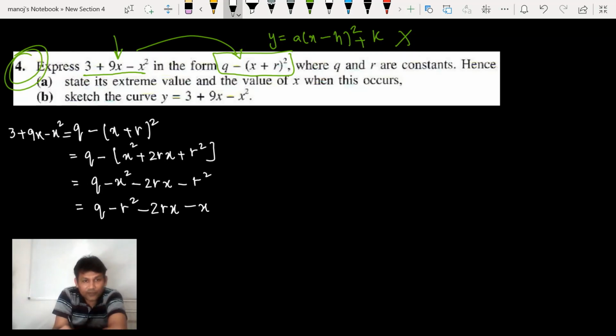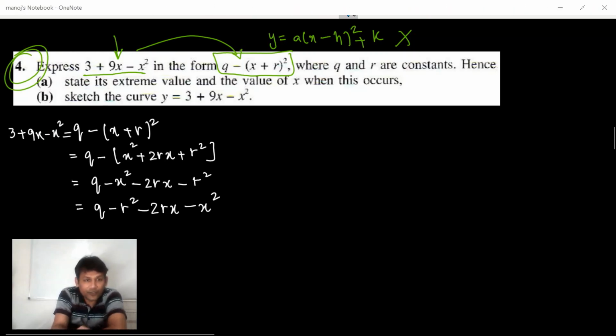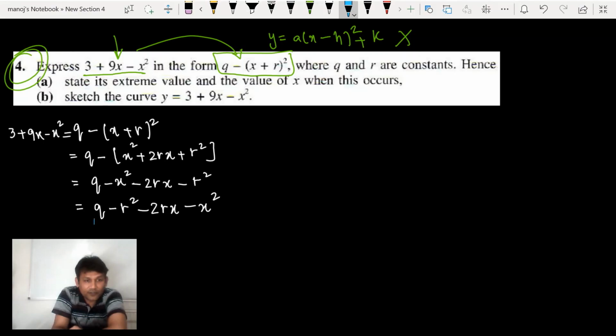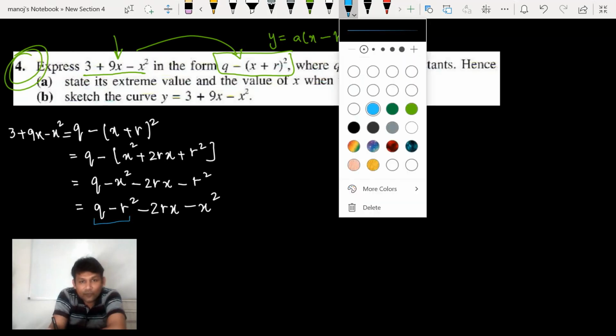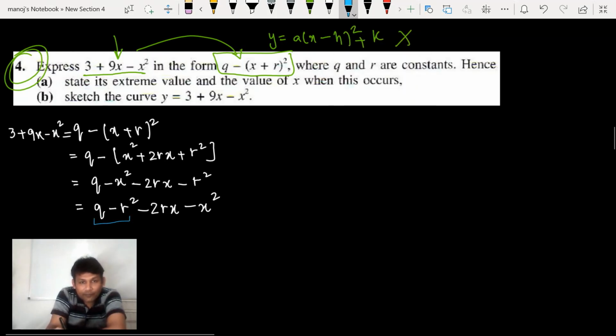Then minus x squared. Now what we have to do, this 3 is equated with this. 3 is equal to q minus r squared, first comparison.